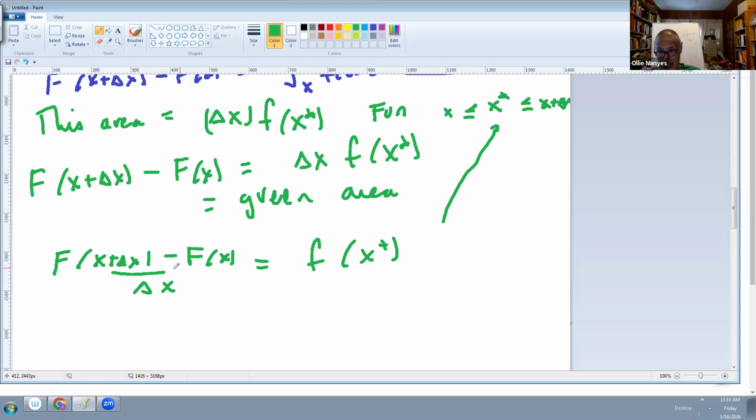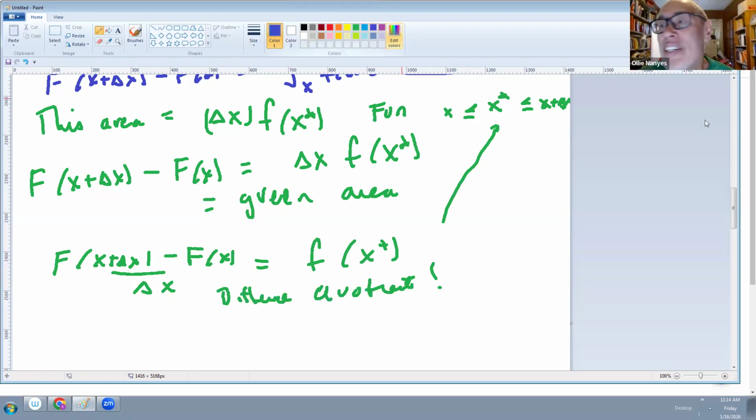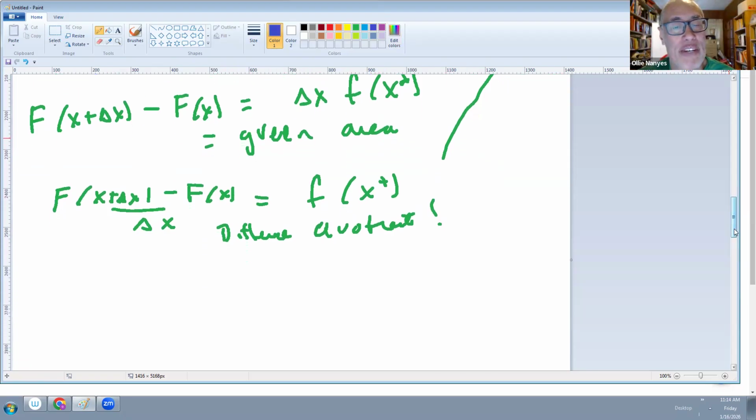Now this looks a lot like the difference quotient, right? So in calculus 1, what you did to get a derivative out of a difference quotient is you took a limit. So let's take a limit as delta x goes to 0.